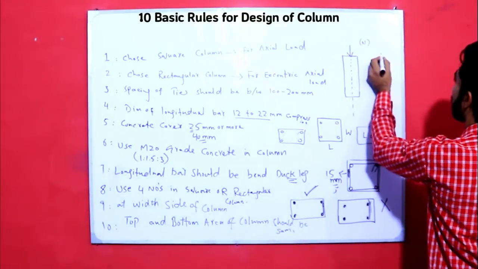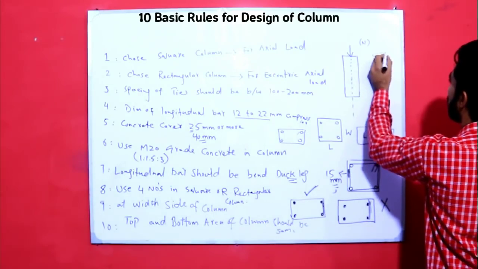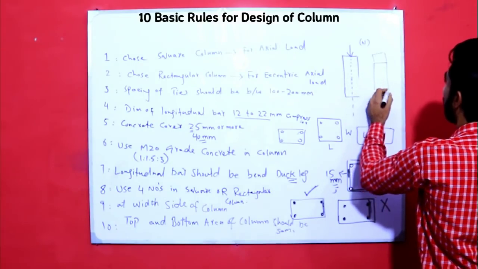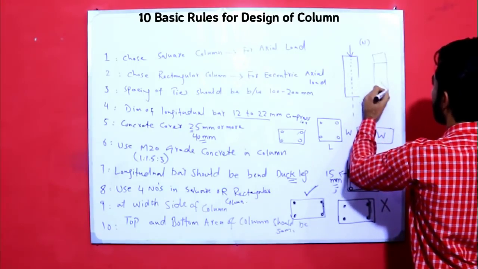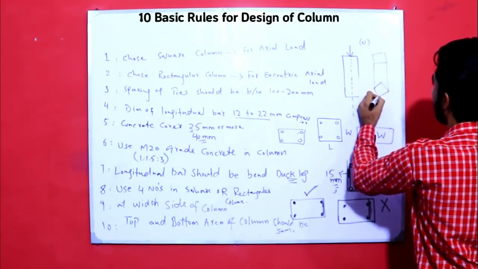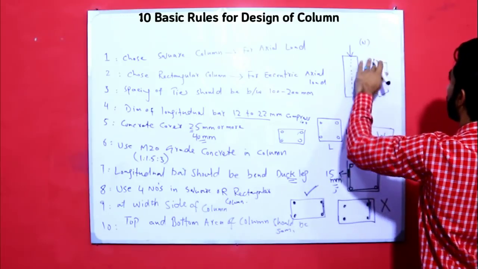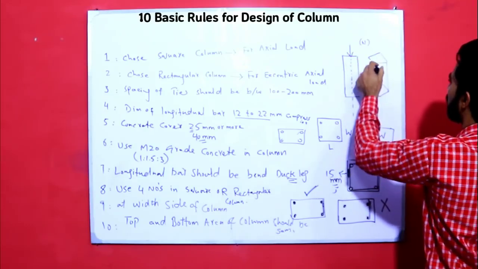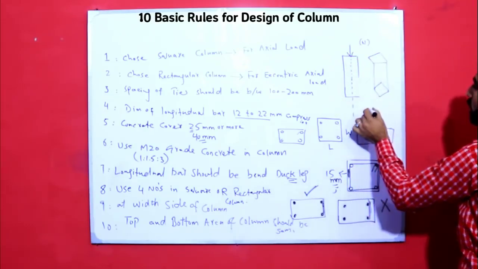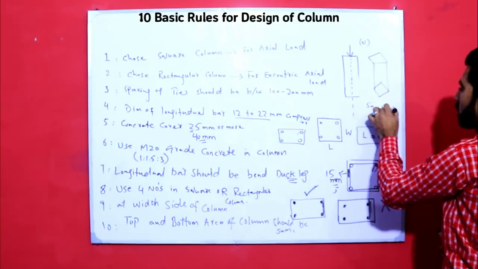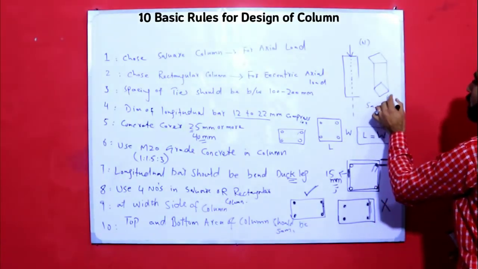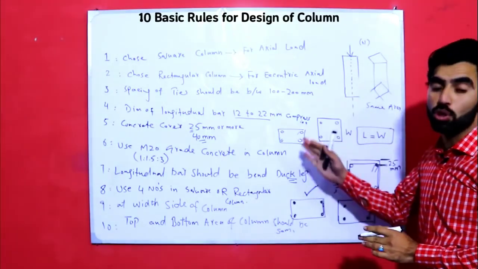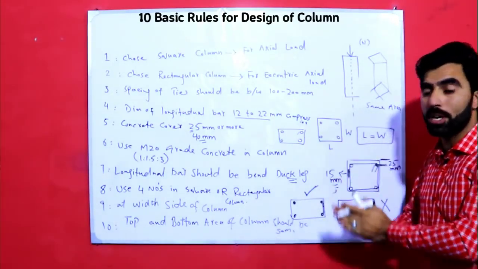As you can see, this is a column, okay, and its top and bottom area should be the same. Okay, so my diagram is not good, but I'll try. So it should be same area. Okay, it does not mean that the width and length at the bottom should increase and the top should decrease. No, it should be same at the top and also at the bottom.